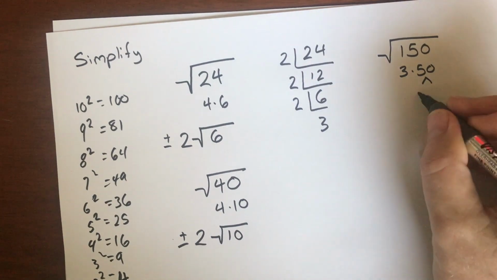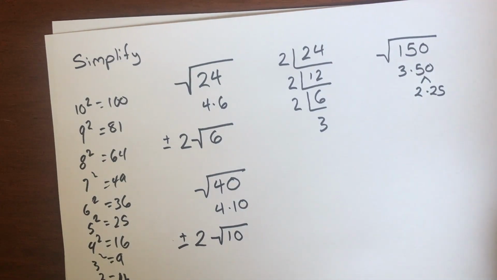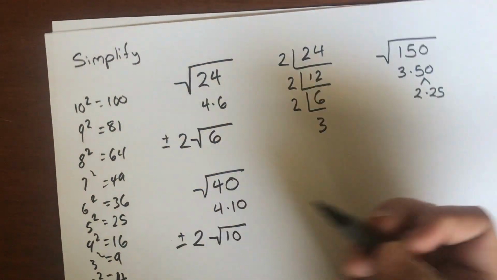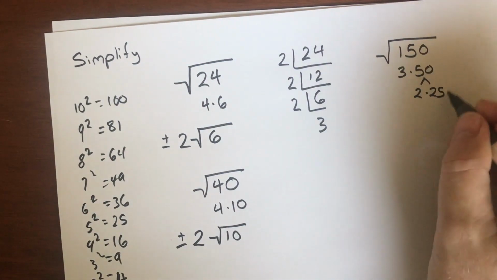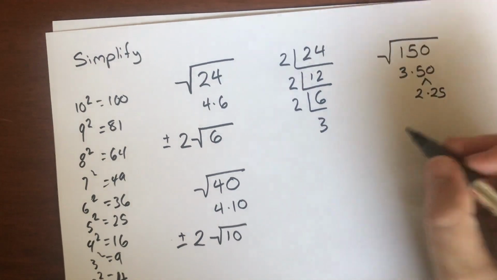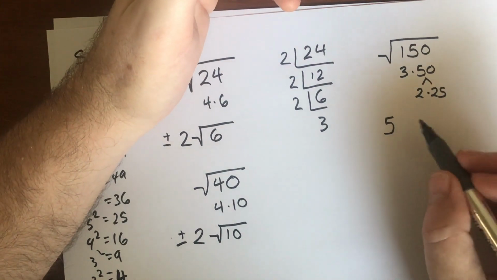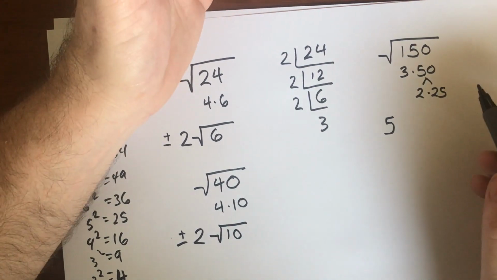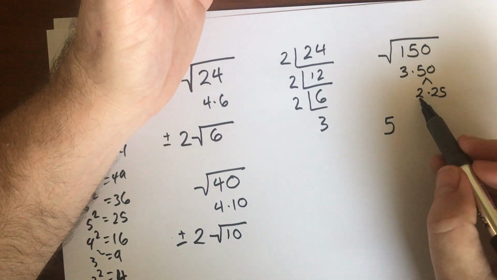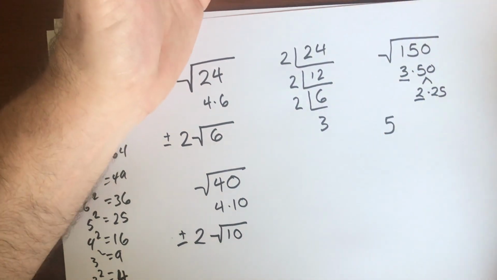So this splits into 6 and 25, right? Now this is the tricky part. These ones were just little two-steppers, but check this one out. 25 is the perfect square. We're going to take the square root, which is 5. What's left inside, though? Is it just the 2? It's the 3 and the 2.